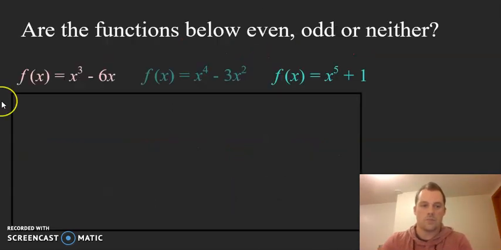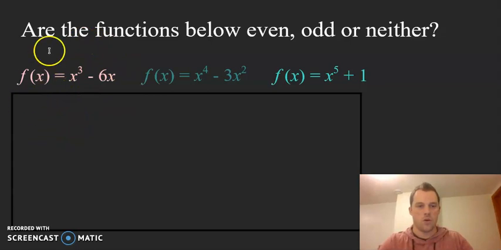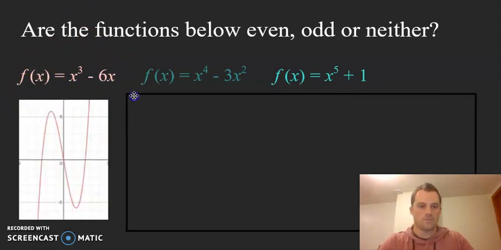So looking at some specific examples, because it's not going to be as straightforward as x squared or x cubed as our function. In this case, we've got minus 6x at the end of our cubic function. So if we look at how that actually affects our graph, it is still going through the origin and it looks symmetric with respect to the origin.